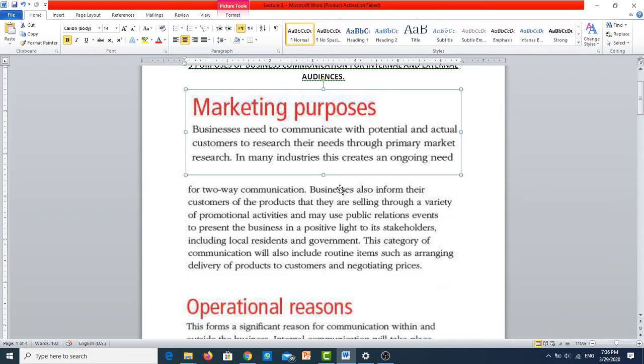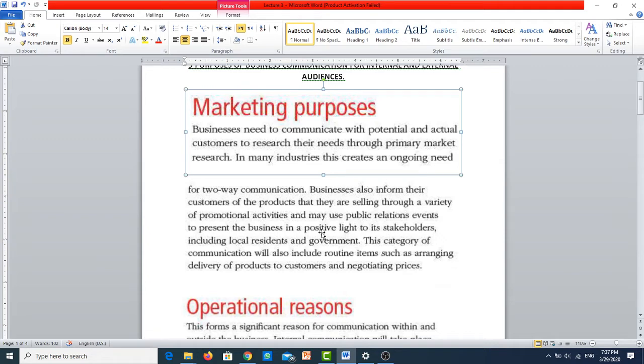Always, any business seeks to find different ways to market the product, and they always look for potential and actual customers. So they do research, and after research they find what basically the needs and wants of our potential and actual customers are, because those people are the primary source of earning.